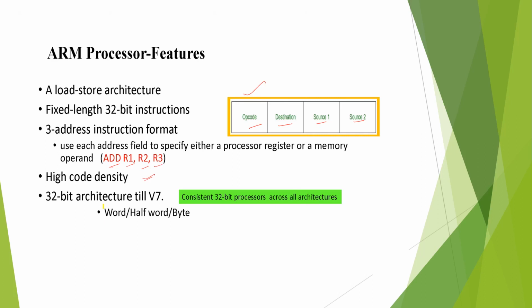And the next feature is that till version 7, it is a 32-bit architecture and it has consistent 32-bit processors across all architectures. We have the flexibility that we can go for word or half word or byte. So these are the features available in the LPC2148.